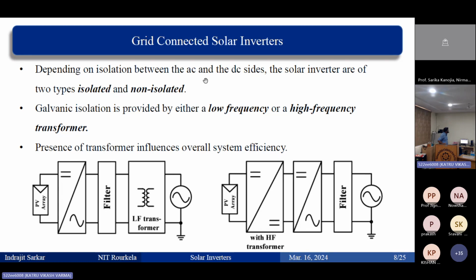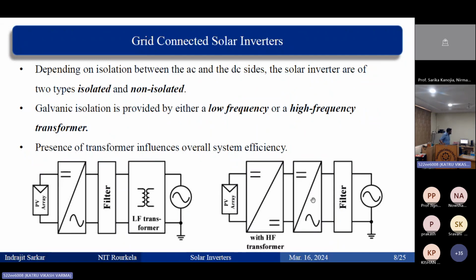So depending on isolation between AC and DC side, solar inverters are of two types. One is isolated, the other non-isolated. Now isolation can be provided by a low frequency transformer or a high frequency one. With a high frequency transformer, you have to have a DC-DC converter here. This voltage is low, so by the high frequency transformer turns ratio you can generate high voltage here, and also it provides the isolation.